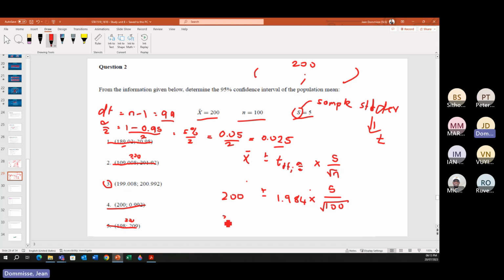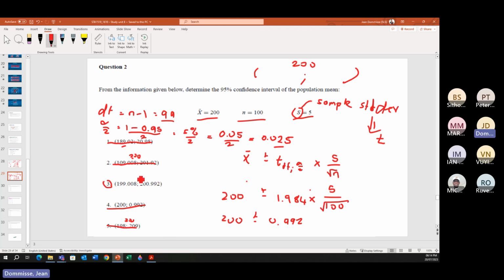But let's work it out. It is 200 plus minus 5 divided by the square root of 100, which is 5 divided by 10, which is a half. So it's a half of 1.984, which is equal to 0.992. So the biggest side is 200.992, and the smaller side is 200 minus that, which will give you 199.008.